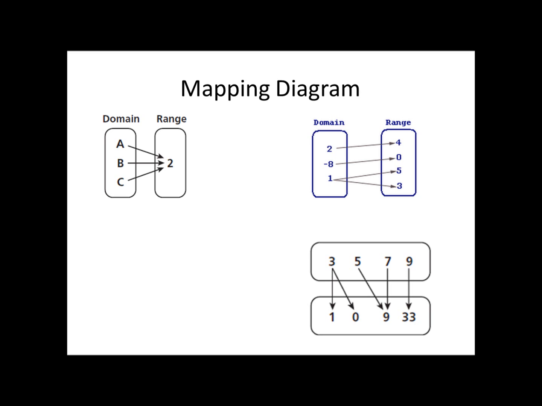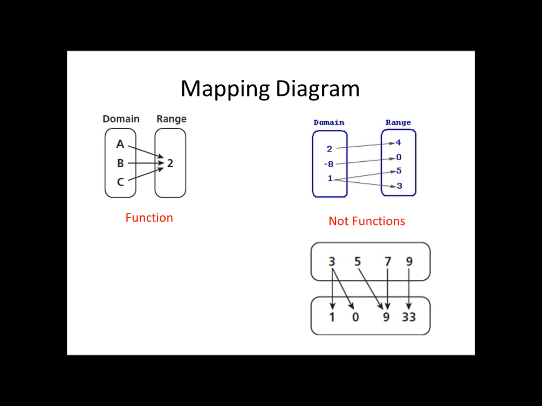Now, the first mapping diagram, the one in the upper left, is a function. The other two are not functions. Now, why are they not functions? Well, they're not functions because there is more than one arrow coming from a domain value. Whenever you see more than one arrow coming from a domain value, it is not a function.